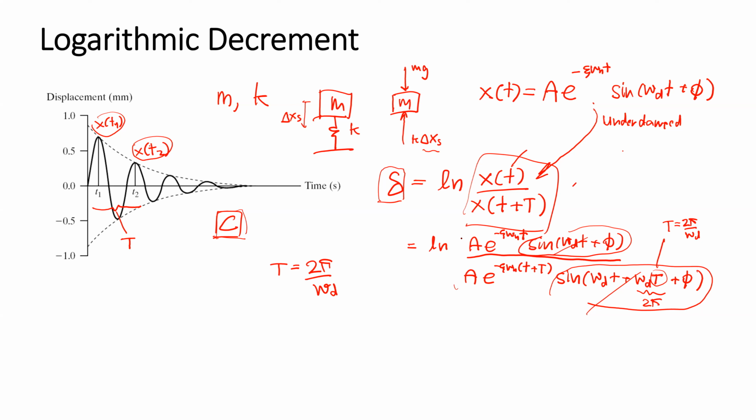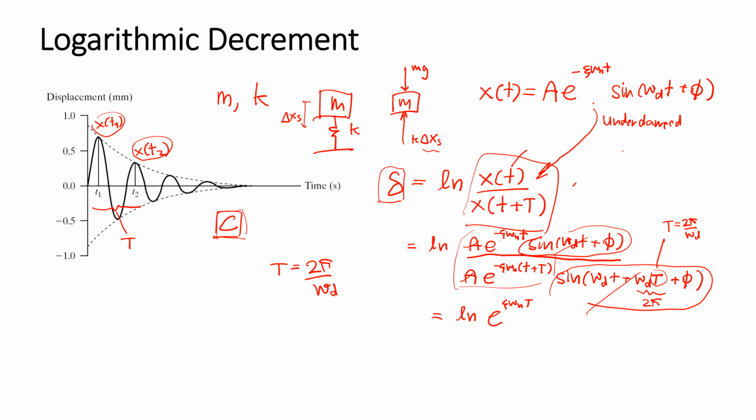If we check the exponential term, this divided by this, what we have is log of e to the power psi omega n t.